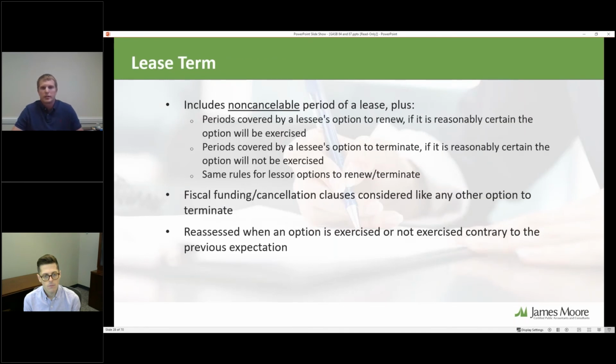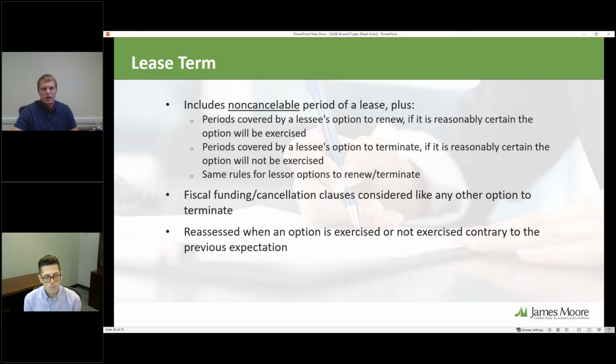All right, looking at the lease term. Once you've established that the contract meets the definition of a lease, the lease term is going to include any non-cancelable periods of a lease, plus any periods covered by a lessee's option to renew if it's reasonably certain that the option will be exercised, and any periods covered by a lessee's option to terminate if it's reasonably certain the option will not be exercised, with the same rules on the other side if it's a lessor.